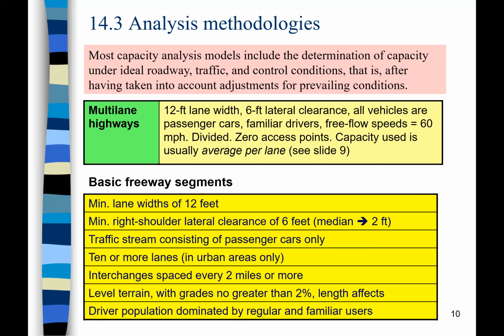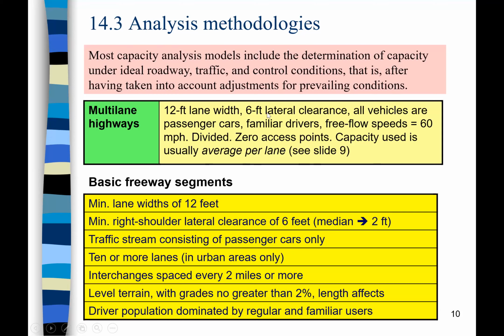Now we come to the analysis part. For capacity analysis, you need to understand some of the conditions, the conditions that give you the maximum flow rate and what they are.